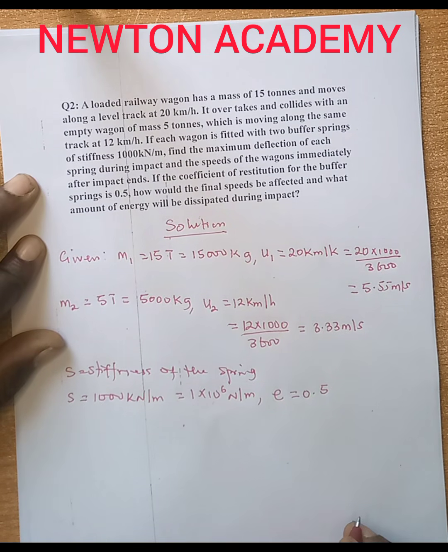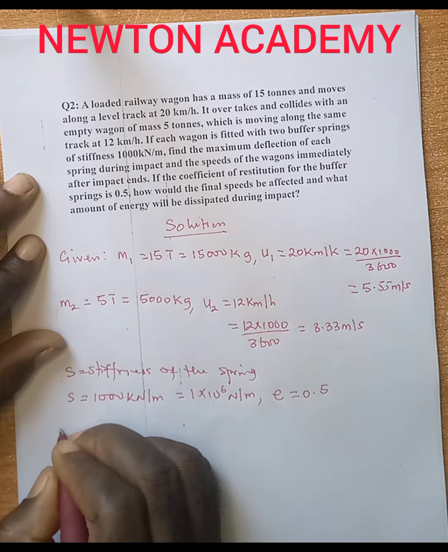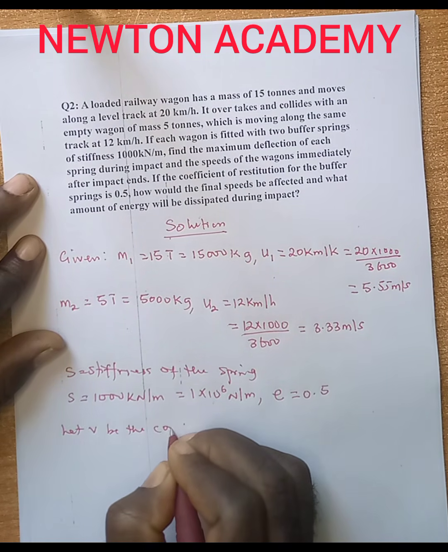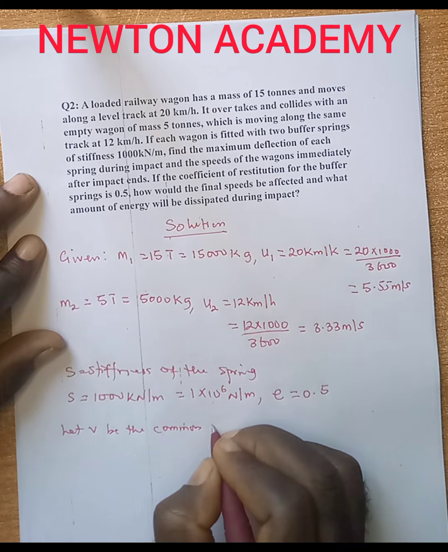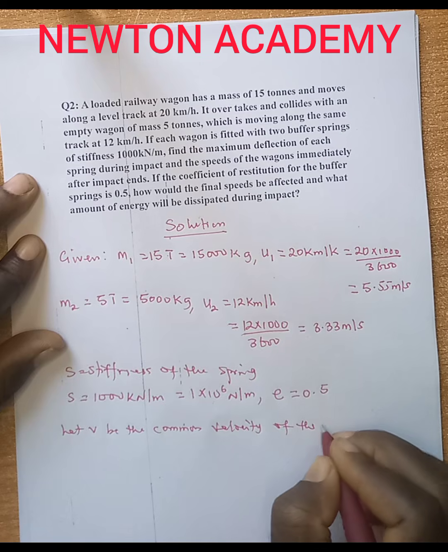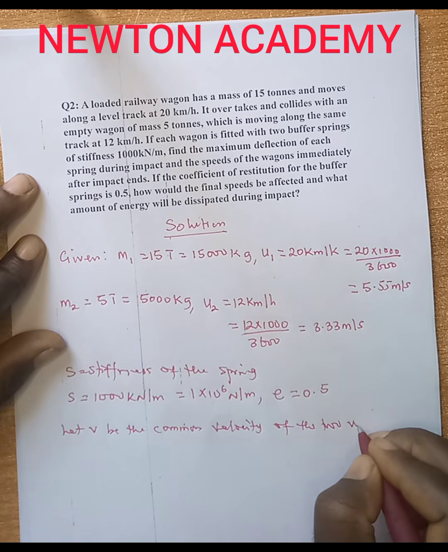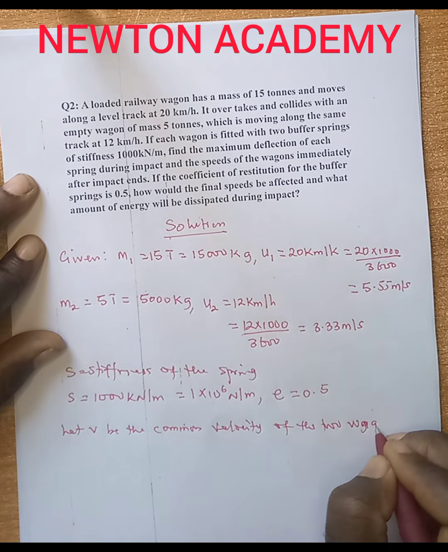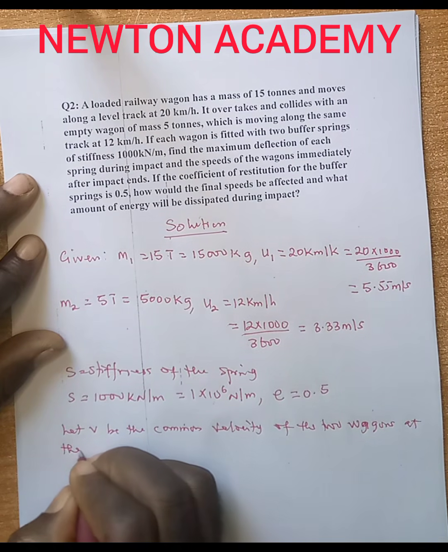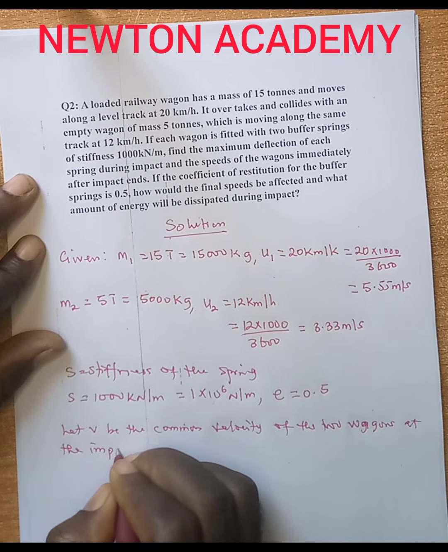The moment the impact takes place, both wagons will move with a common velocity for a short while before they separate. So let V be the common velocity of the two wagons at the impact.